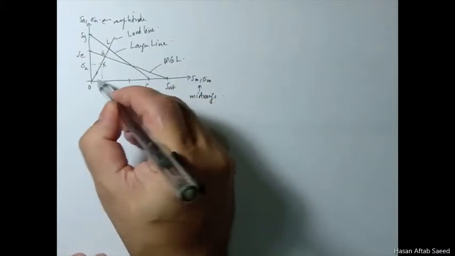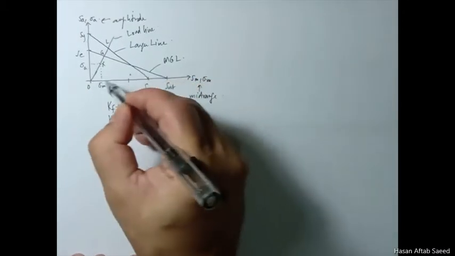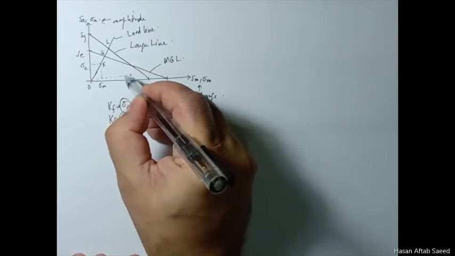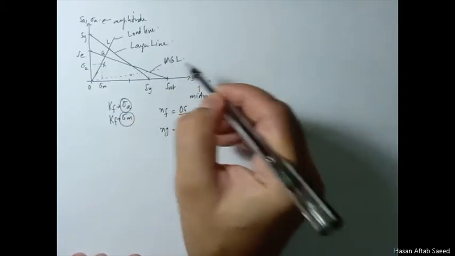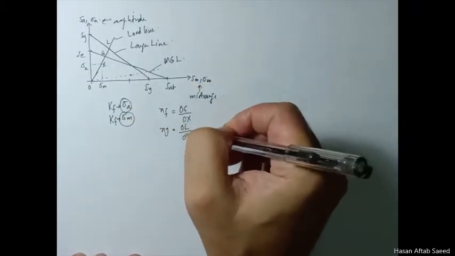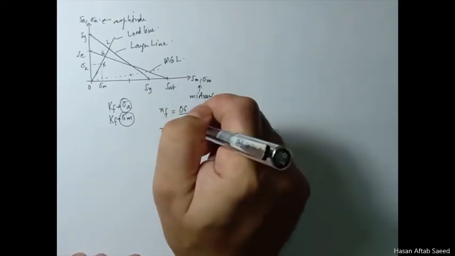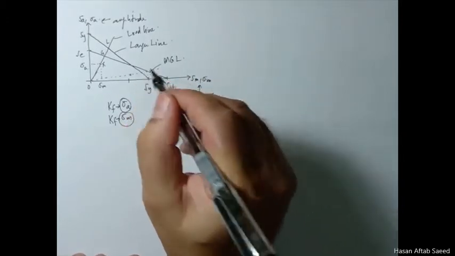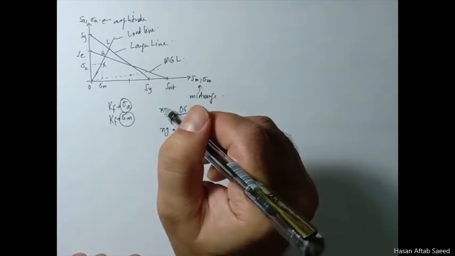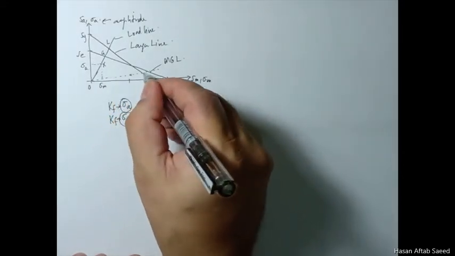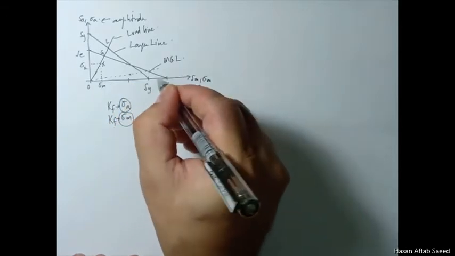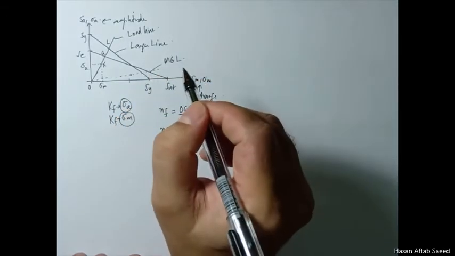If on the other hand this point was plotted somewhere around here, then it's very obvious to note that in that case these will be reversed. You'll have a bigger fatigue factor of safety than a yield factor of safety, and therefore it means that on this line, if you were to increase your loading, yielding will occur first.